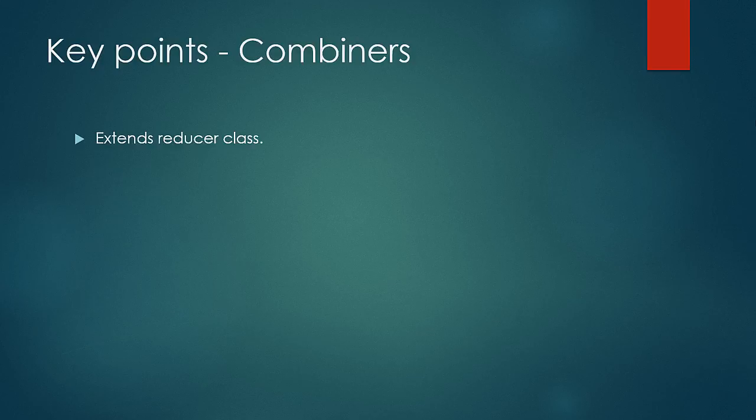Second key point is that these can be applied only in the cases where the nature of the problem is commutative and associative. It is just a complicated way of saying that the operation done by combiners should not depend on the order of the values that are treated to combiner operation. Let me explain this. First, I will brush up about the associative and commutative laws.